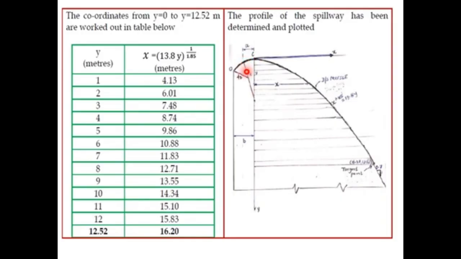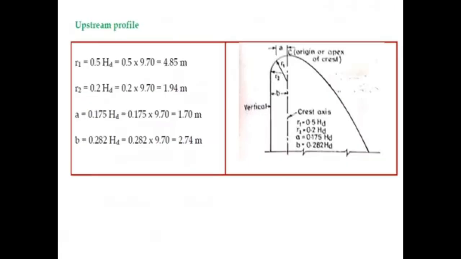From here mark R2. So this is R2, mark the B line. From here draw an arc so that it cuts the B line, so this line. So we get an upstream profile. So this is the downstream profile. This is what's shown here.